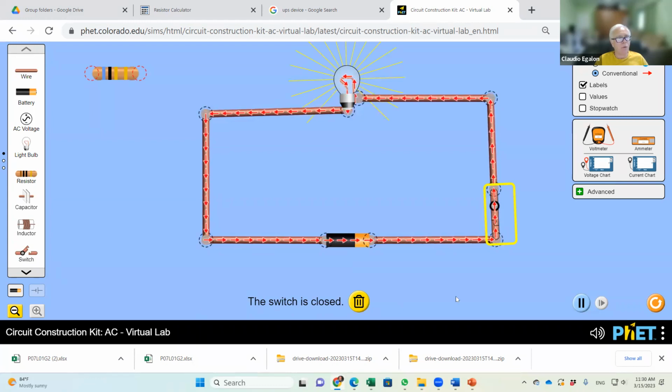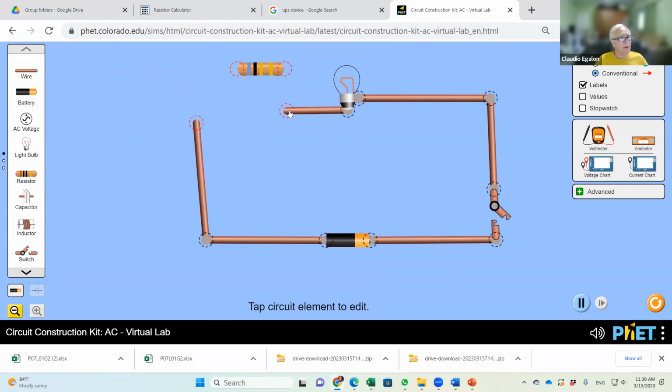And I can control, I'm going to open it here, right? Close it, right? At this moment, the light is very bright, but I can control the brightness of the light by putting a resistor here in this circuit. Here you go.